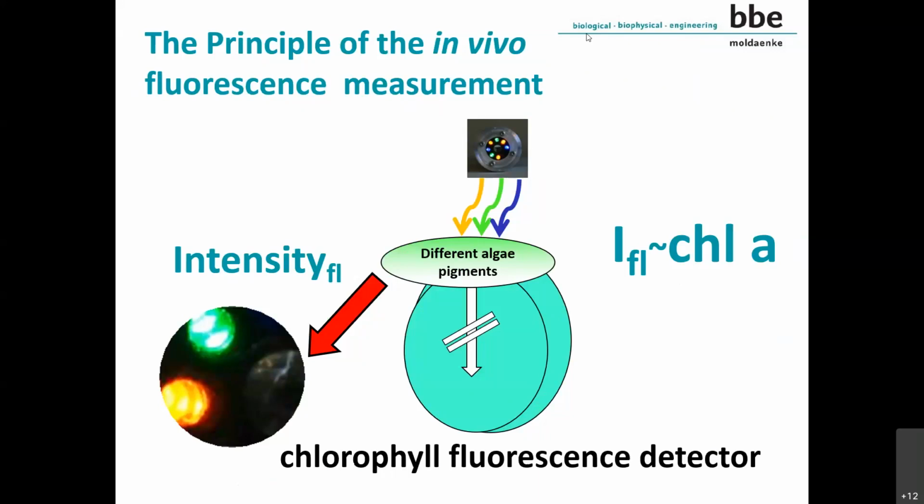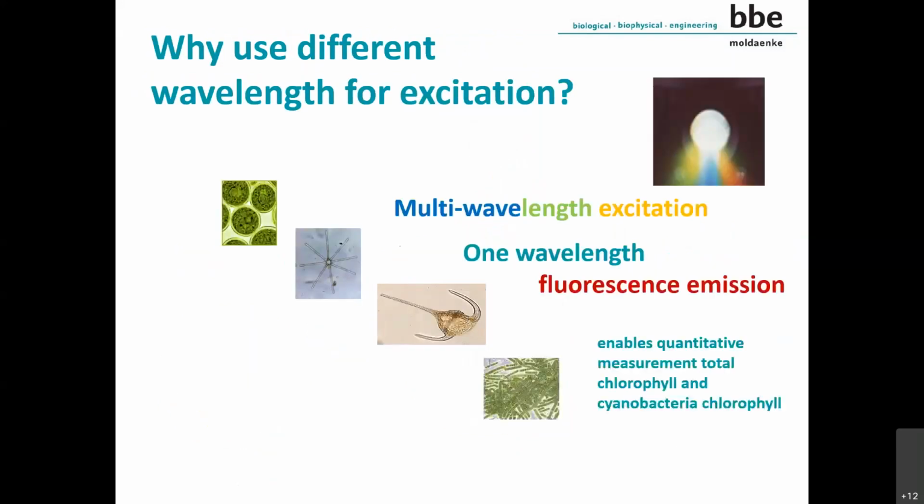You see only a very small amount of fluorometry. And in this case, you can see that the intensity of the fluorescence is correlated to the chlorophyll A content of the cell. So chlorophyll A content is a useful parameter to determine the algae content inside of the water.